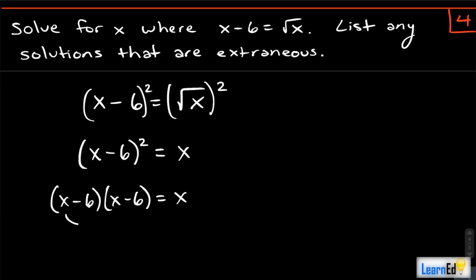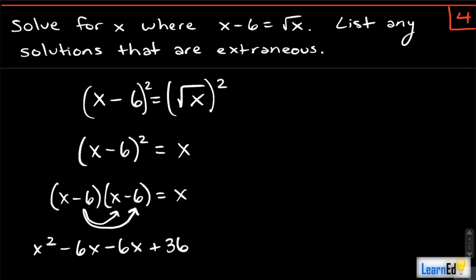So we do x times x, which is x squared, a negative 6 times x, which is negative 6x, a negative 6 times x again, which is negative 6x, and a negative 6 times negative 6, which is positive 36. That simplifies to x squared minus 12x plus 36. And remember, these things are equal to x.